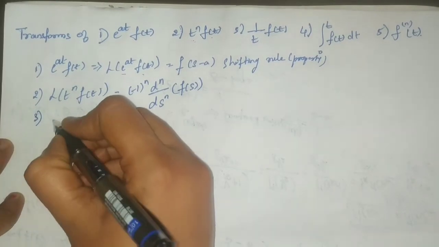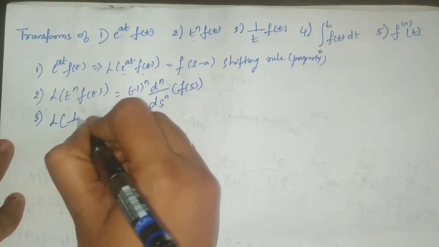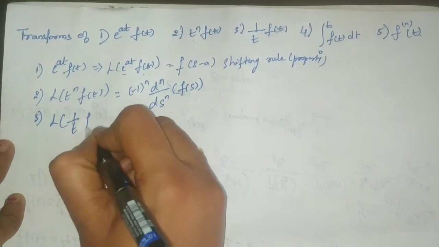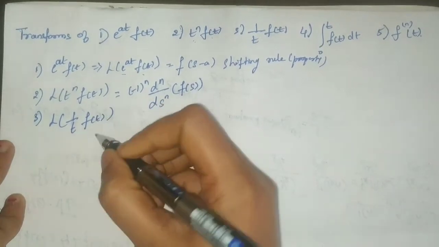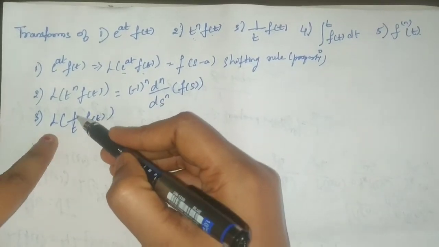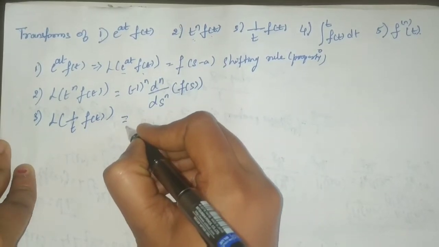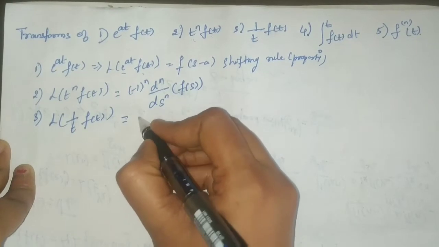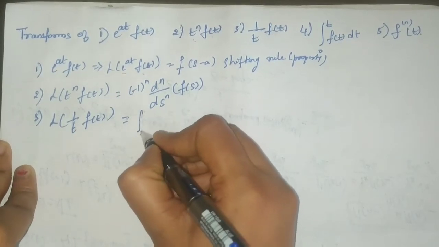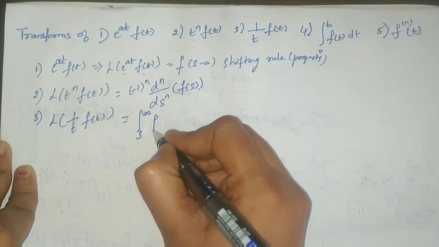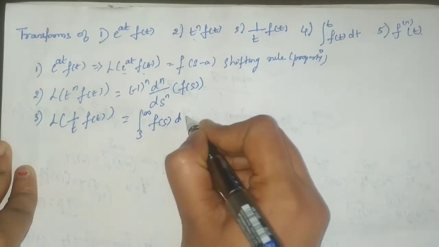Third one, Laplace transform of 1 by t into f of t. That means you have a function along with product of reciprocal type. So whenever you have of this type, the formula is integral s to infinity f of s into ds.